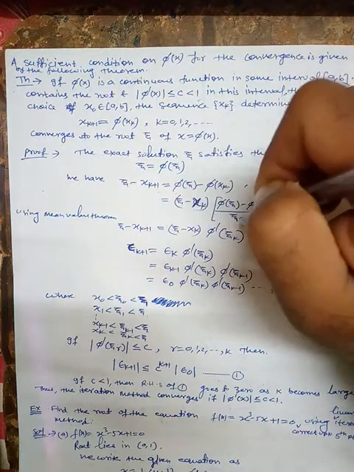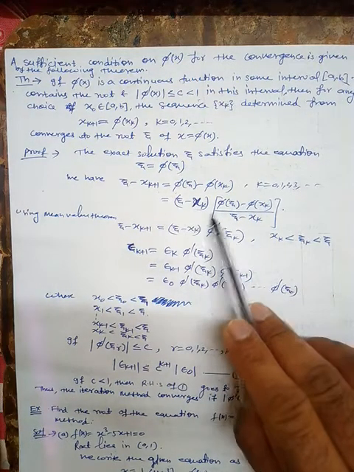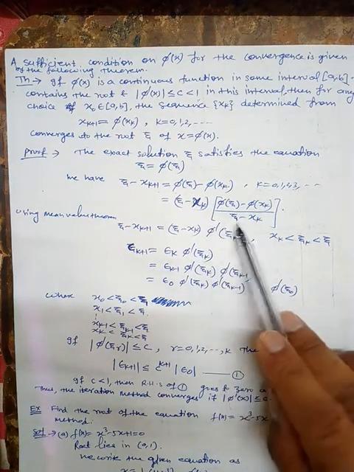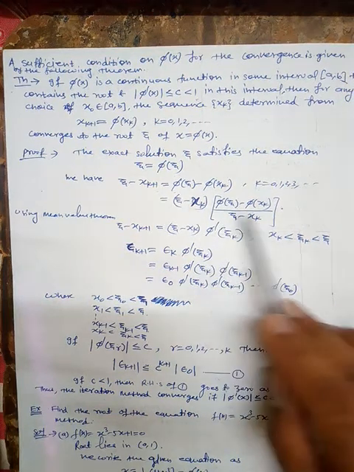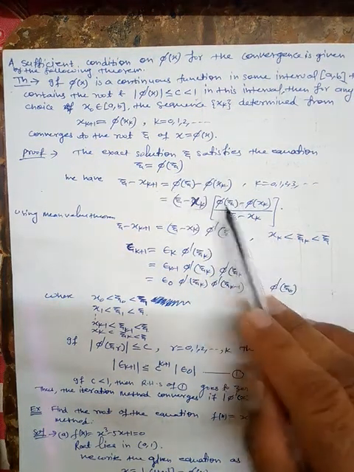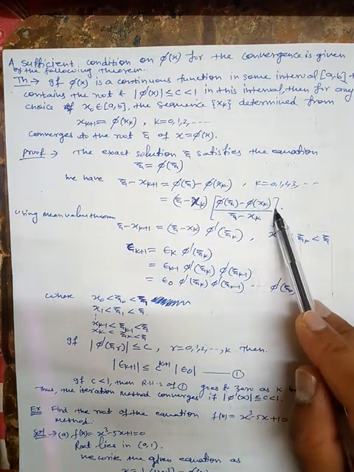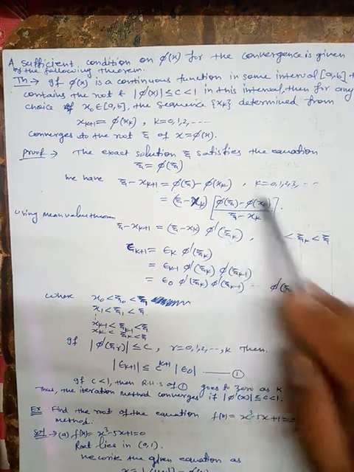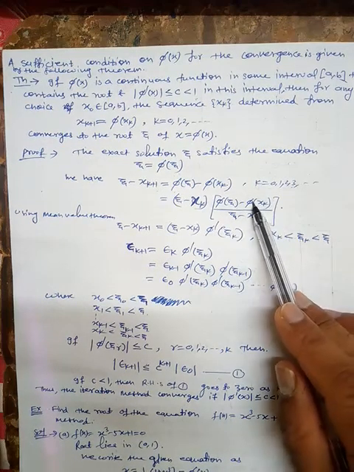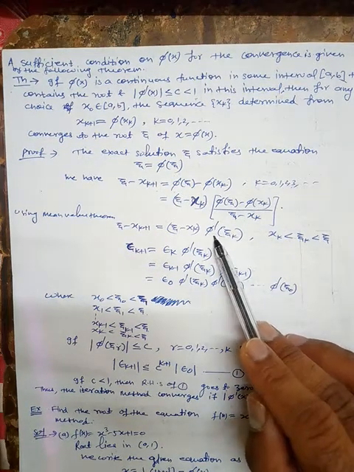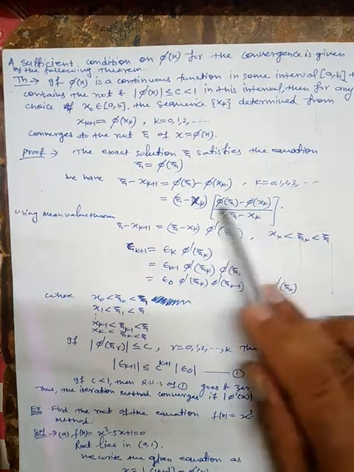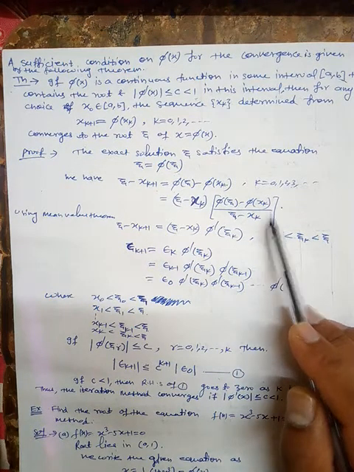Now multiply and divide by xi minus xk on the right hand side, with phi of xi minus phi of xk. What is this? This is nothing but a derivative. In real analysis you have already studied this derivative condition.